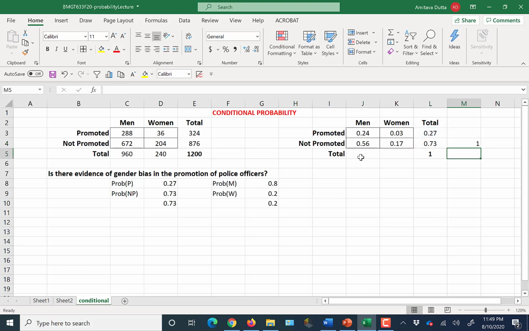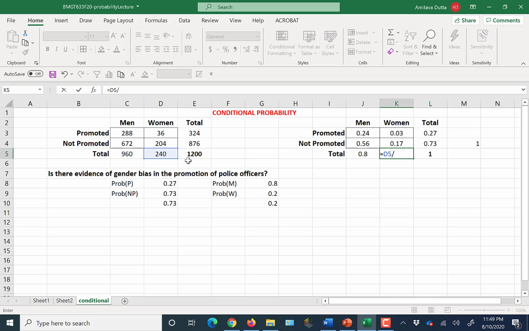Similarly, if I break down by gender, 960 divided by 1200 is 0.8, and 240 divided by 1200 is 0.2. So if you add 0.8 and 0.2, you get 1.